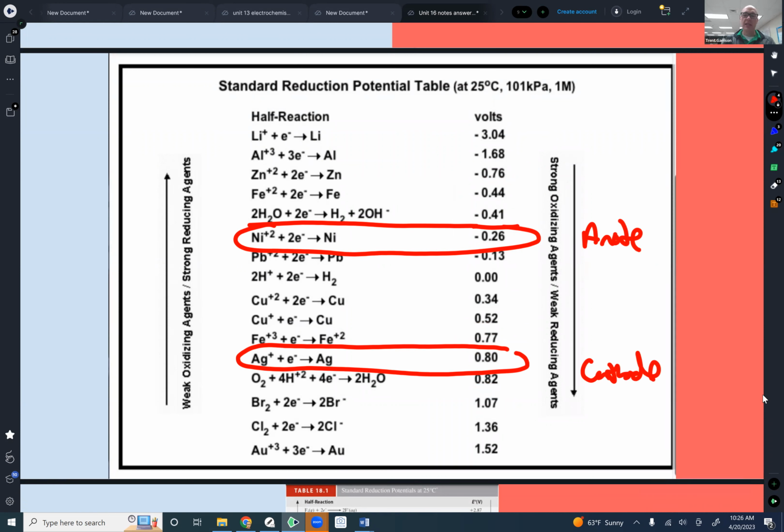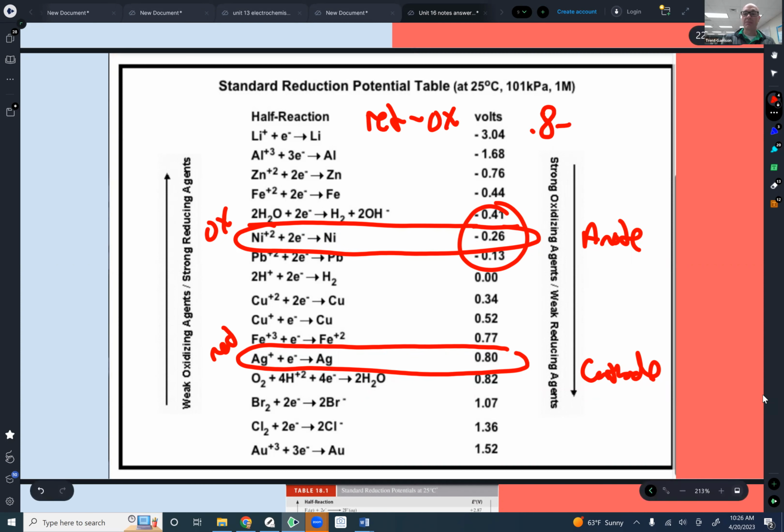To calculate my overall voltage, the formula says you take reduction minus oxidation. Well, this is already a negative, so that's going to end up making that a positive. So I've got 0.8 minus a negative 0.26, meaning that my total voltage is going to be 1.06 volts.